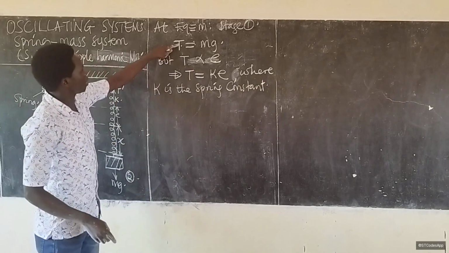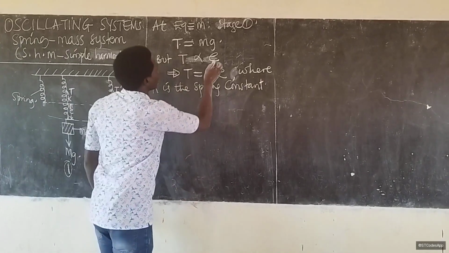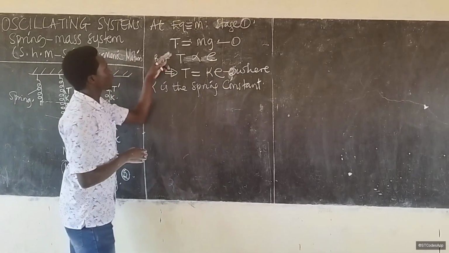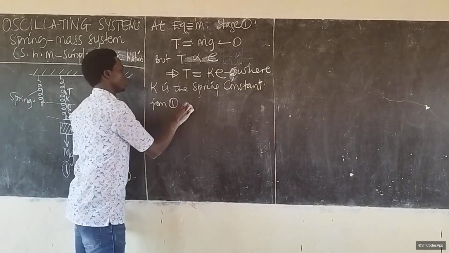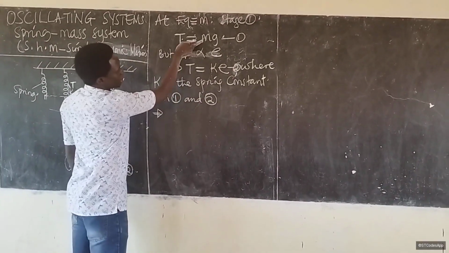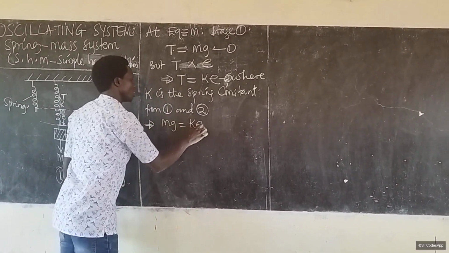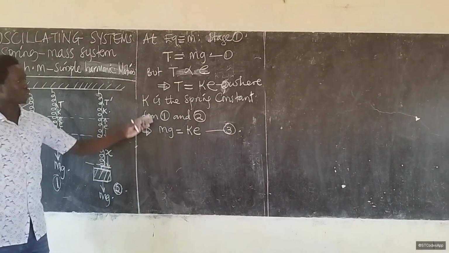So therefore, when you look at this, I can call this 1, call this 2. From 1 and 2, it implies that mg is equal to Ke. Call this equation number 3.